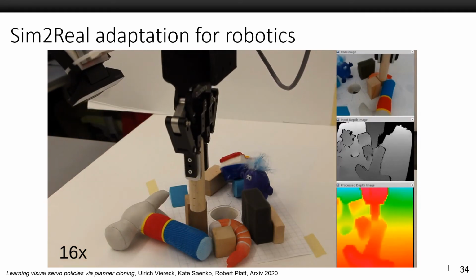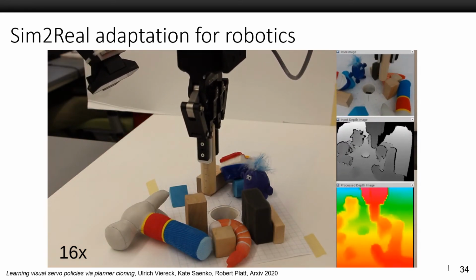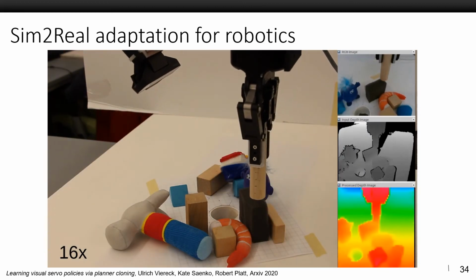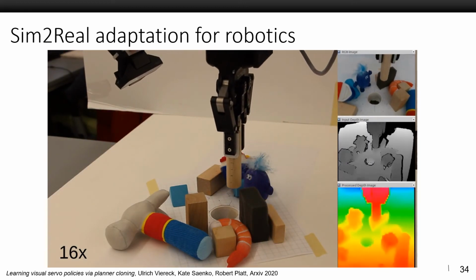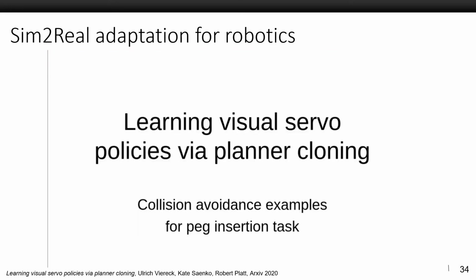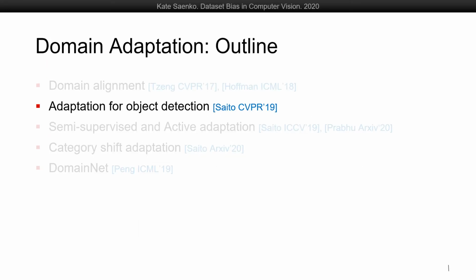So here you see a demonstration of the adapted policy for this task. You can see that even though it was trained in simulation, it's able to handle real data.